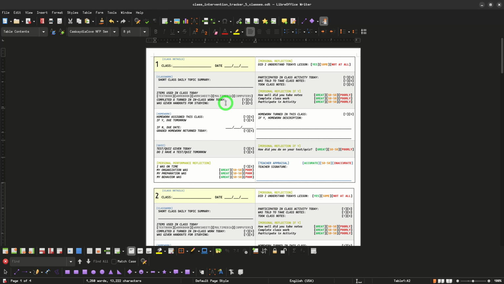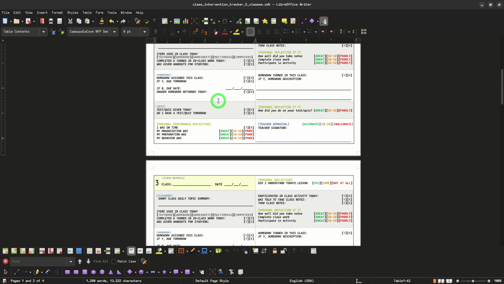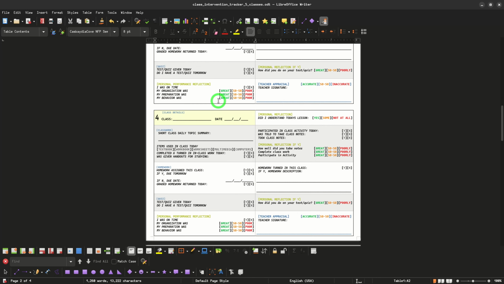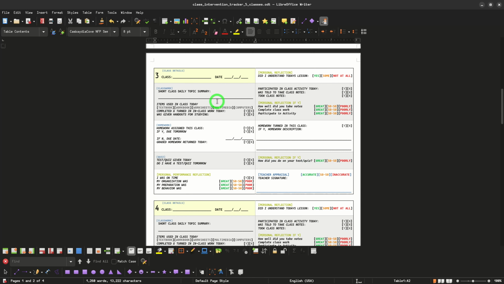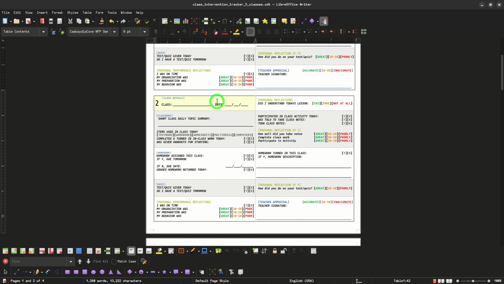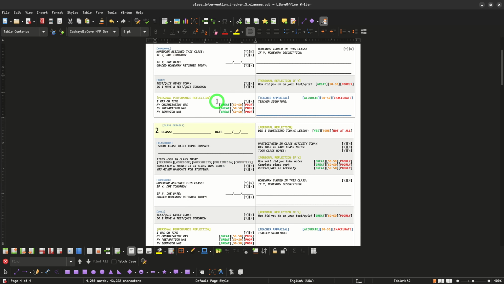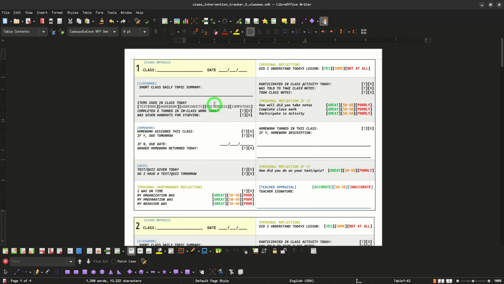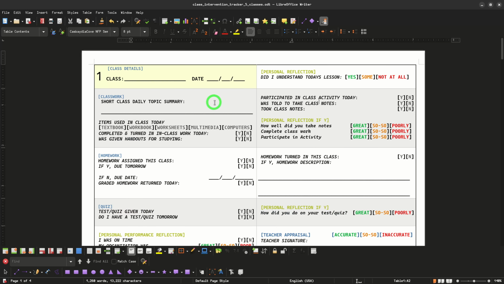So in this example, there's 5 classes. I also have a 7 class version of this, and all the classes are the same except for the number. This is designed to be printed and given out on a daily basis.